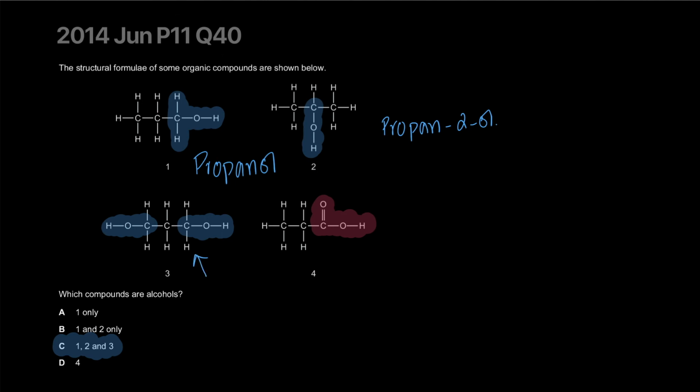It's actually propane-1,3-diol, or something like that, but we don't need it. That turns into an A-level challenge. The last one is propanoic acid. Right? Let's move on.